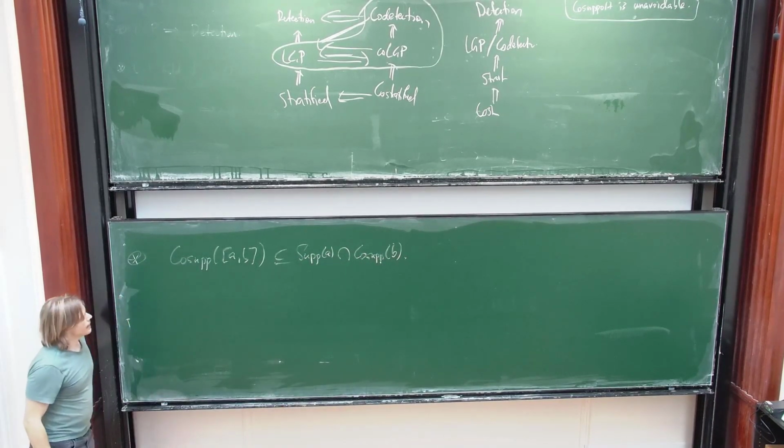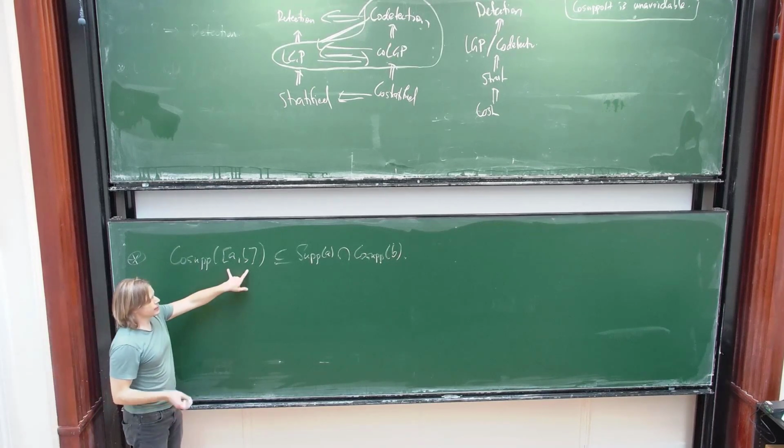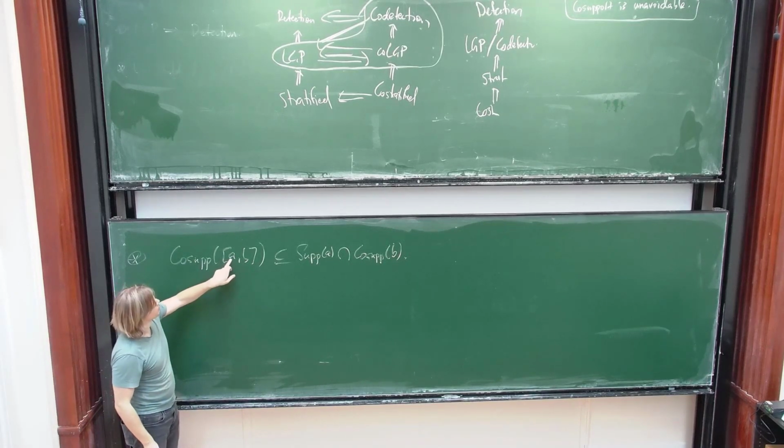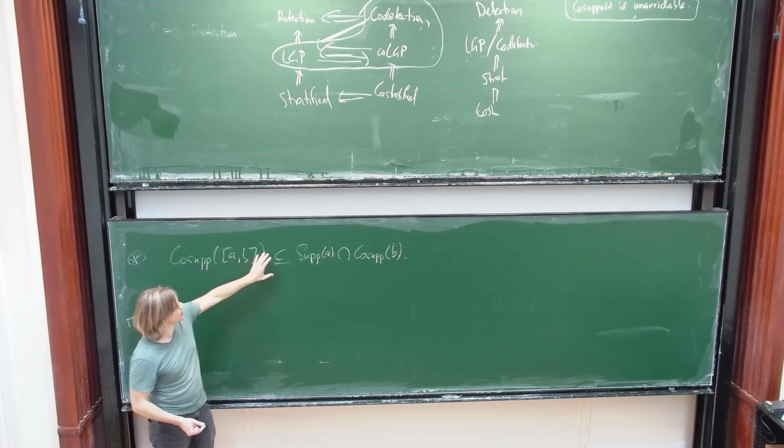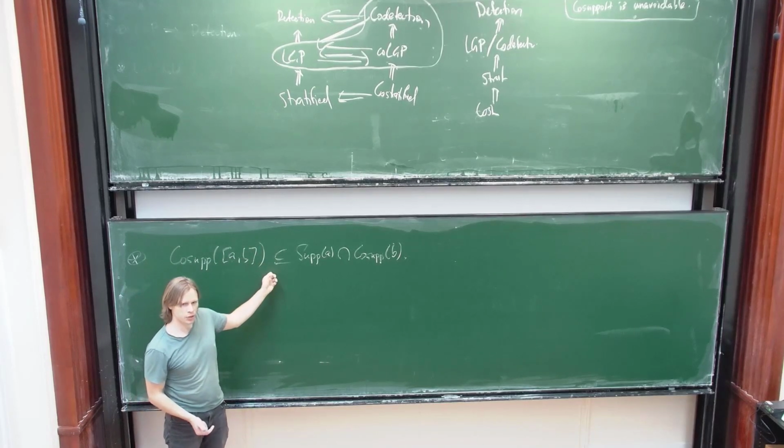Okay. And sometimes it's an equality, for example, if your first object A is compact or one of these E_Y's or F_Y's. So there are some circumstances where it's equality, but in general you just have this inclusion.